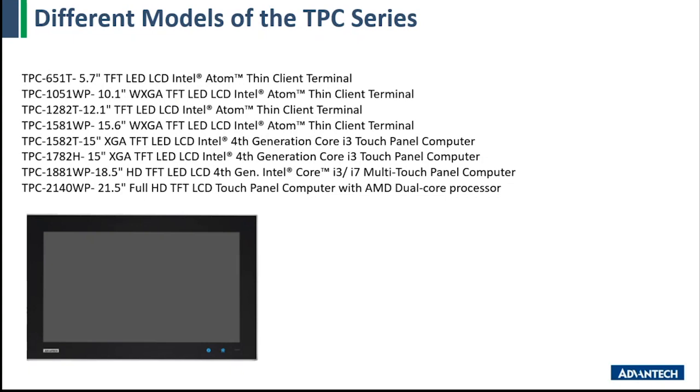The cool thing is that the TPC-2140 is a high def model, but it's also running a dual core processor. Because I know that generally some of the models in the PPC-4211 range only start at i3 and i5, which can become quite expensive. And those ones are really the only high definition ones in that range.